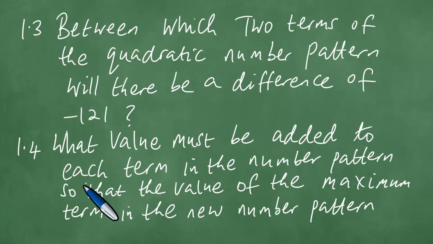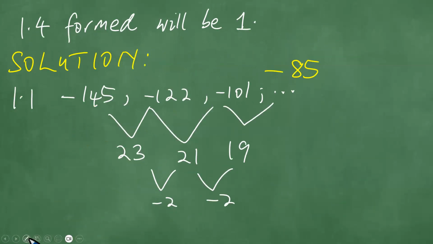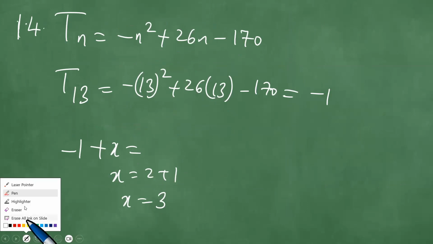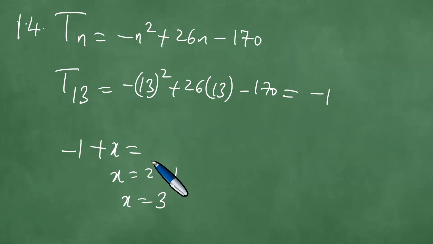In other words, what value must be added to each term in the number pattern so that the value of the maximum term in the new number pattern formed will be 1? So you're adding to the maximum. So in other words, you add here so that the result is 1.